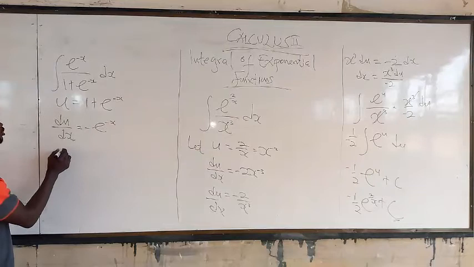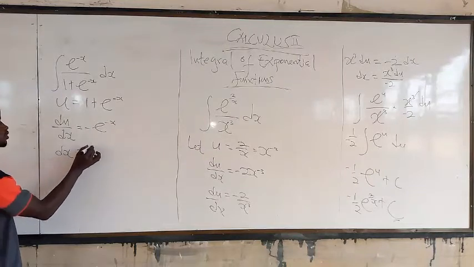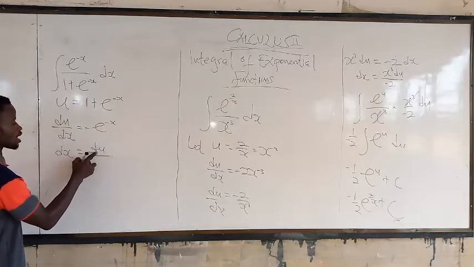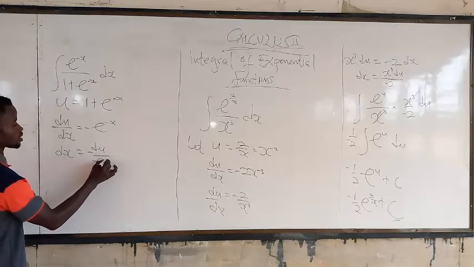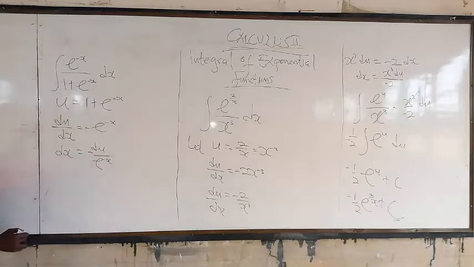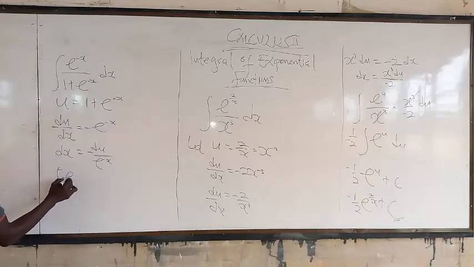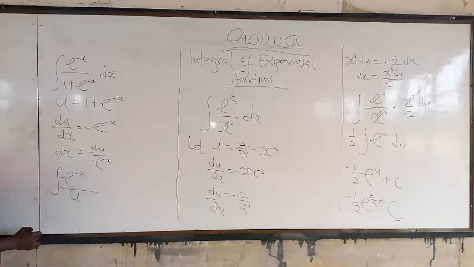Alright. So when we make ds the subject, we are going to get du over negative e raised to the power negative s. So by substitution, we get integral of e raised to the power negative s, all this over u. You see that?